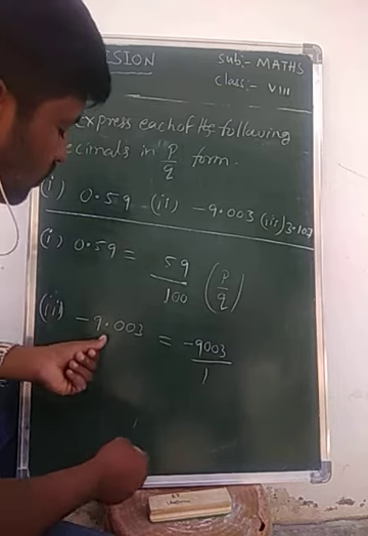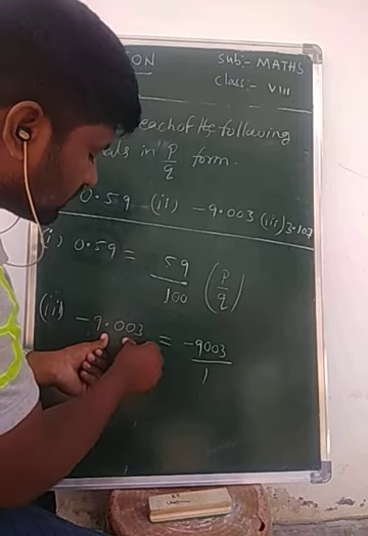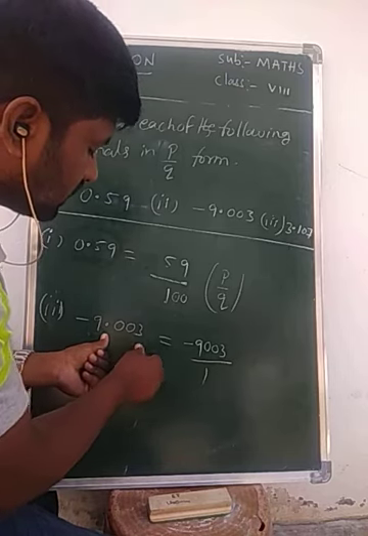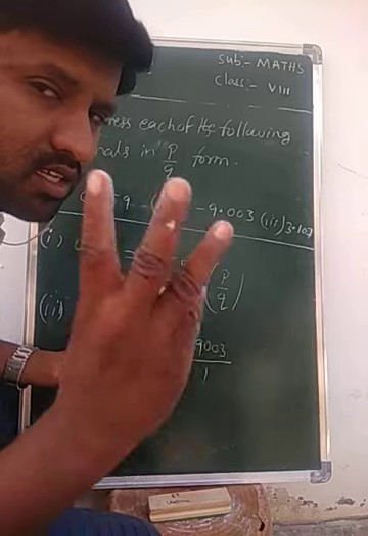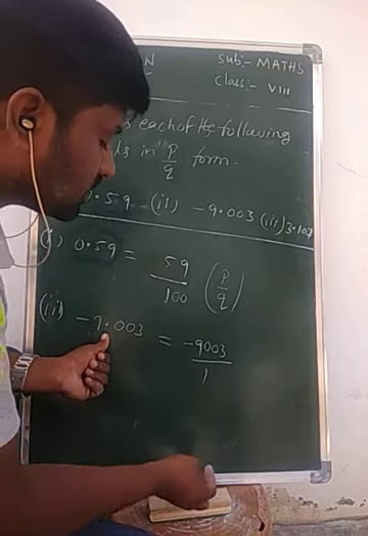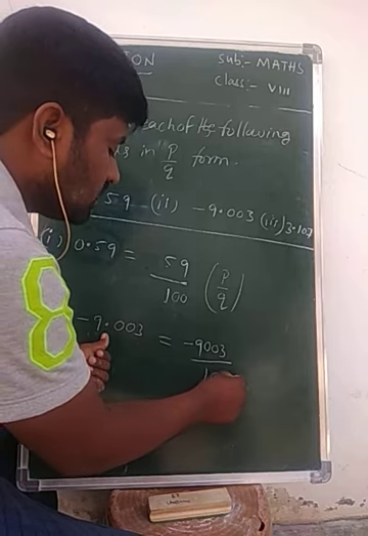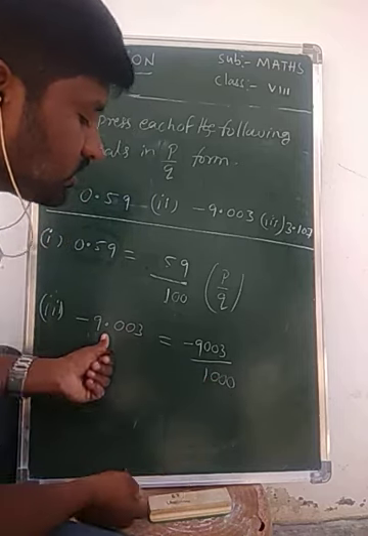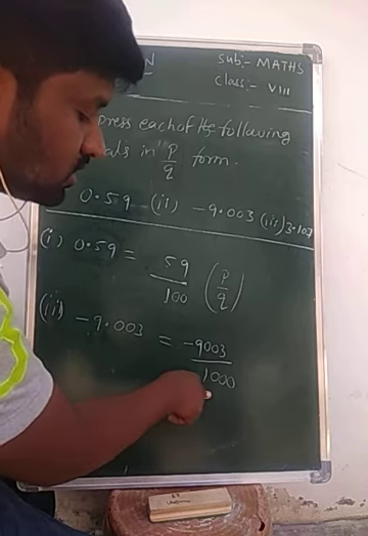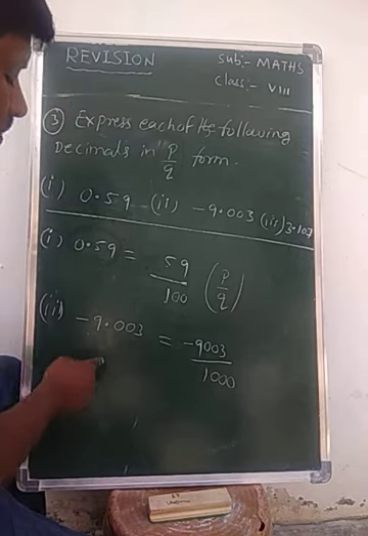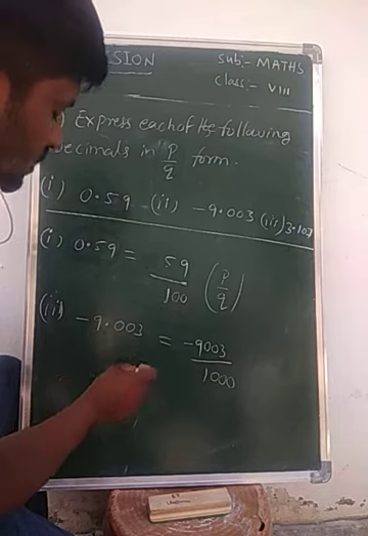Then to the right side of the point in the decimal part, how many digits are there? 0 0 3, totally 3 digits are there. That's why you write 3 zeros after 1. Now minus 9003 by 1000. This is the p by q form of minus 9.003.